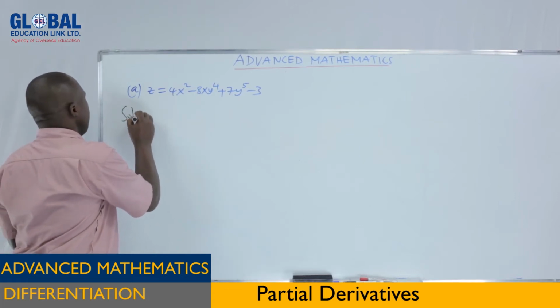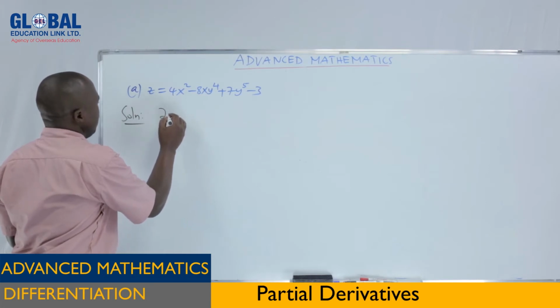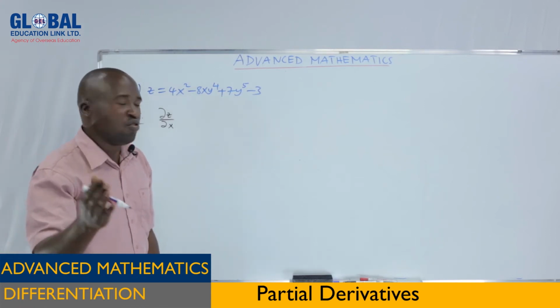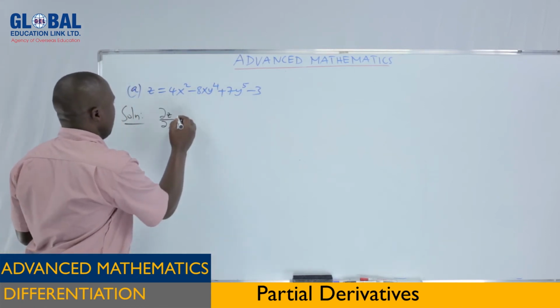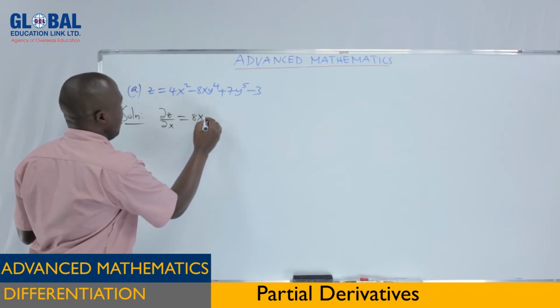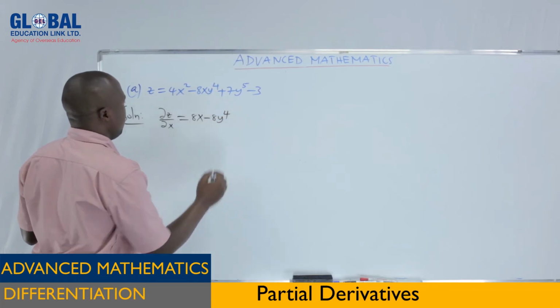So in this case, we are going to start with the partial derivative of z with respect to x. In this case, y is constant. So here we are going to have 8x, then minus 8y power 4.